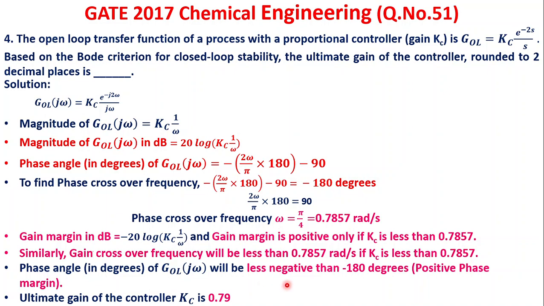That condition is also satisfied when Kc is less than 0.7857. So it is not only that the gain margin is positive, the corresponding gain crossover frequency is also less than 0.7857. The phase crossover frequency is 0.7857, which is more than the gain crossover frequency. The system is stable. Therefore, the ultimate gain of the controller is 0.7857, corrected to two decimal places 0.79.